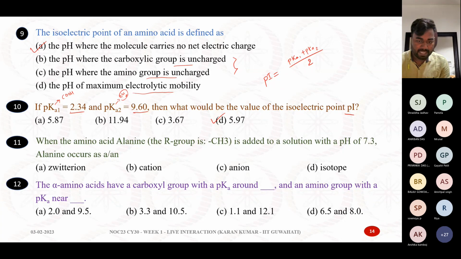When the amino acid alanine, which has the R group as CH3, is added to a solution of pH 7.3, the alanine occurs in which form? Zwitterion, cation, anion, or isotope? In which form will it exist at pH 7.3? Can someone answer?